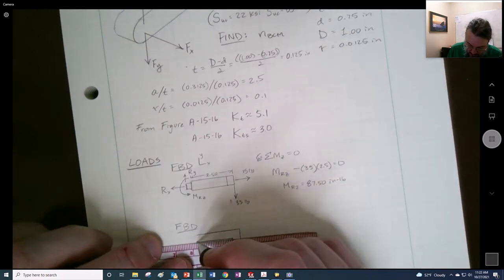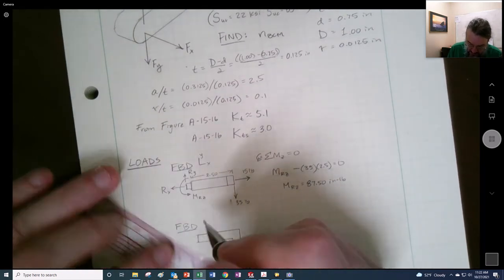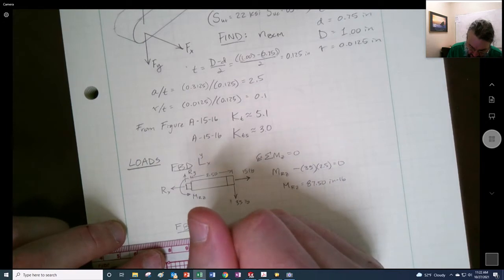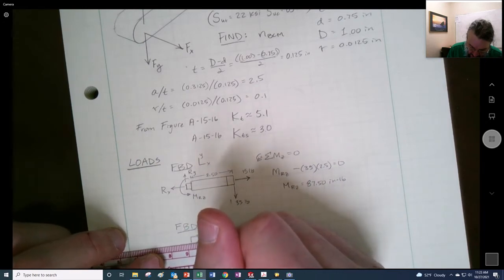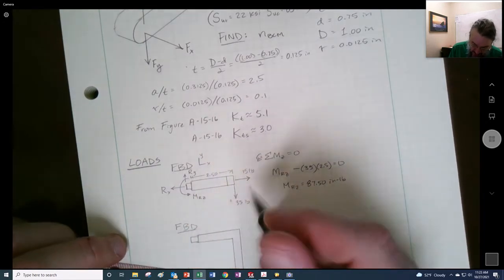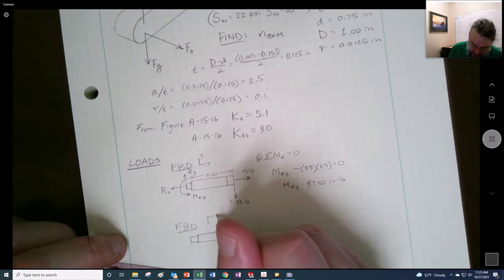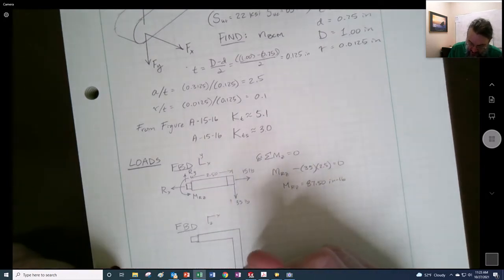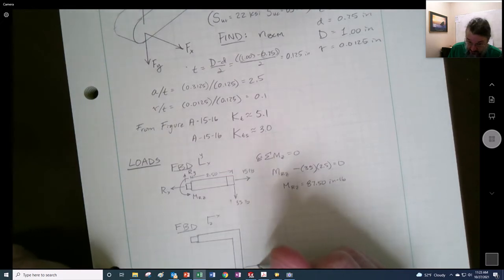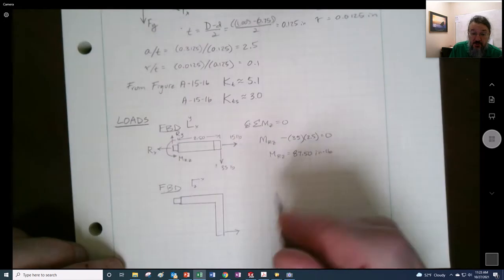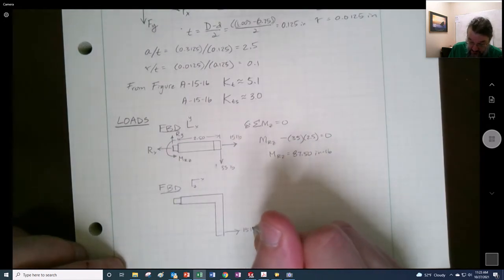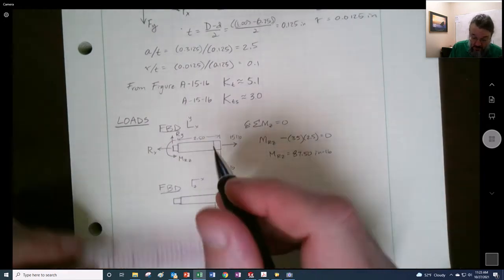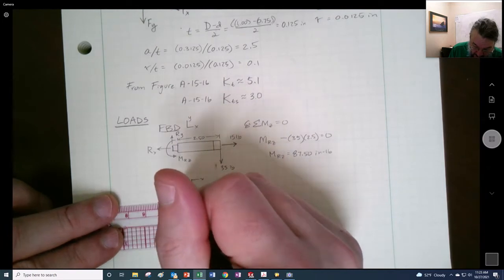All right, so we're looking down at the piece. And I'm even drawing this little thing in there so you can kind of see that's where we're going to expect the stress to be the worst. And this is the XZ. And we can only see this force right here, right? That force in the X direction, which is the 15 pounds. And we'll only be able to see the RX.